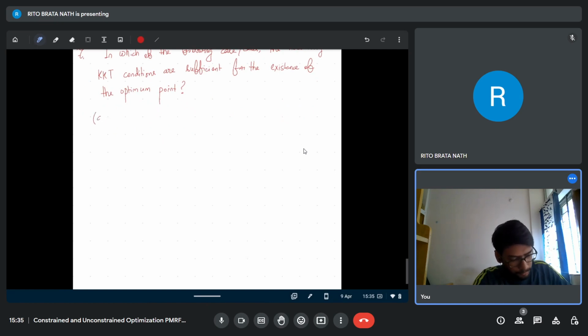Option A is f(x), which is the objective function, is convex and the constraint set g(x) is concave for a maximization problem.